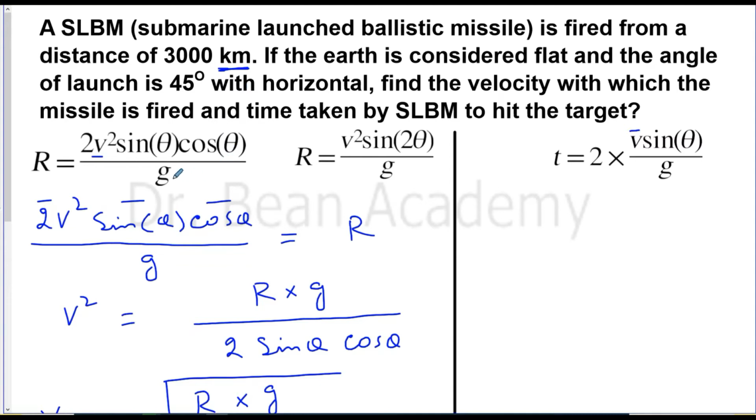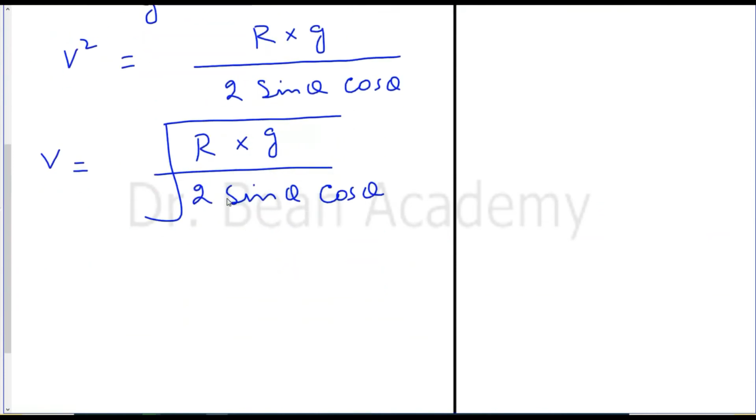For example, for the value of g, I will put 9.8 meter per second squared. So see, I use meter here. So I have to use everywhere the standard SI base units. So let's change it to meters. So the R given is 3000 kilometers.